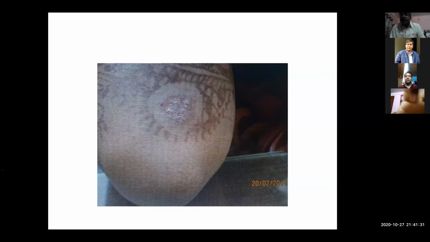The classical psoriatic plaque. A lot of reassurance, a lot of time spent on consultation, finally kept them at ease, and with a happy heart, they left my clinic. Obviously, the treatment part was secondary, but here counseling and reassurance are very, very important for psoriasis.